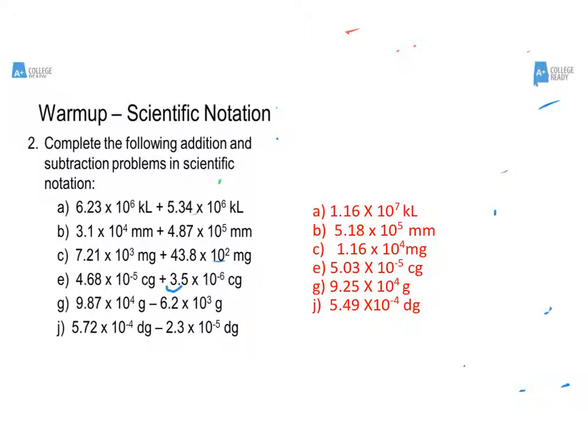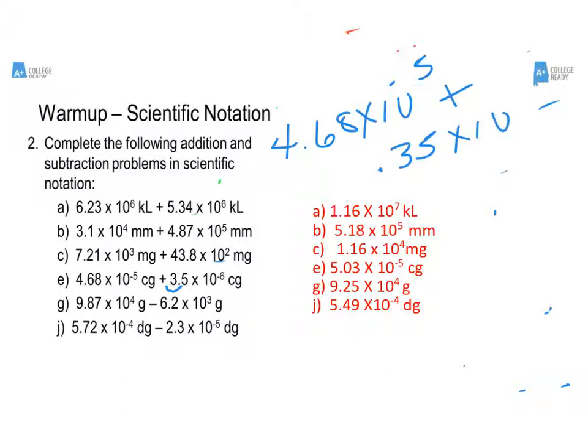That gets me 4.68 times 10 to the negative fifth, and I'm going to be adding 0.35 times 10 to the, if I moved it to the left, this increases. This is a negative number, so it's going to be negative fifth. Here my exponents are the same. I'm going to add the two numbers together. I get 5.03 times 10 to the negative fifth, and that is my answer.